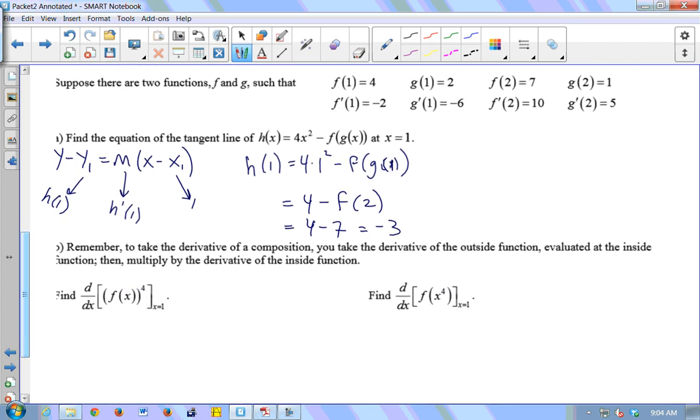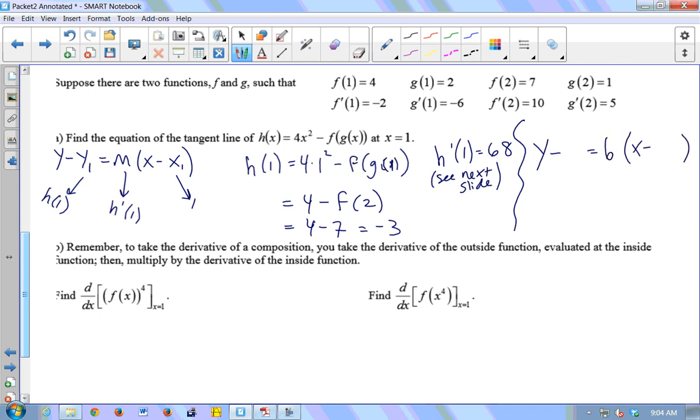So my equation, now that I have h prime of 1 is 68, I can write my equation y minus y1 equals m times x minus x1. My slope is 68. My x1 is a 1, that's the x that I was given. And then y1 we figured out earlier was negative 3, so this becomes plus 3.